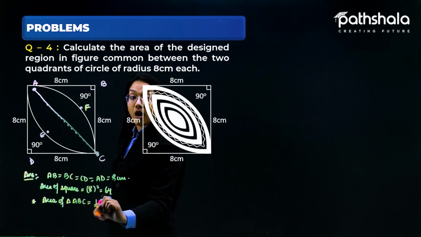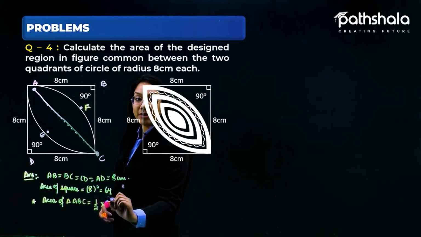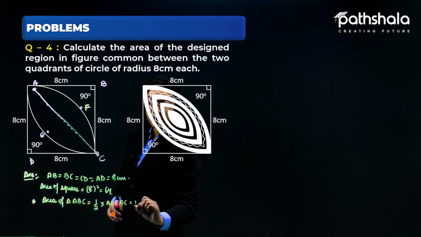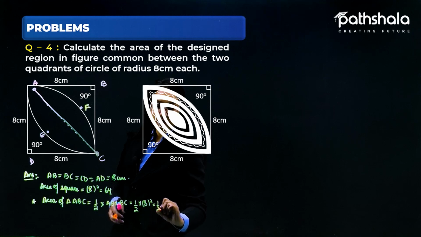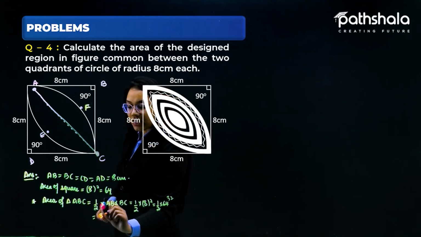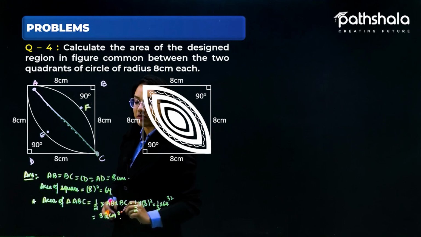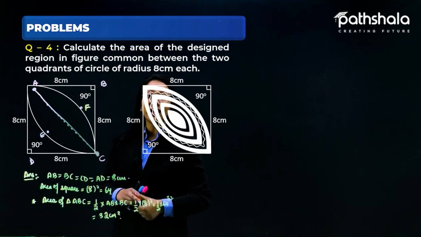The area of triangle ABC is half into base into height. The base I am taking as AB and the height as BC. So this is half into 8 into 8, that is half into 64, which is 32. So this is 32 centimeter square, which is the area of the triangle ABC.